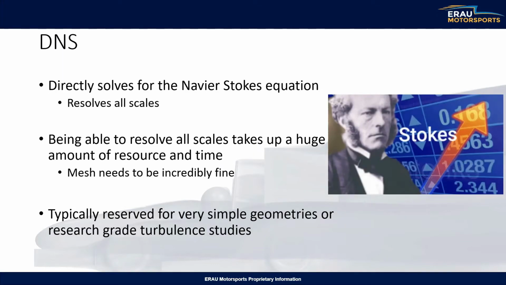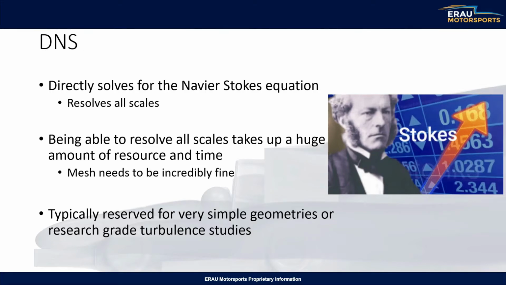So turbulent flow is famously governed by the conservation of mass and momenta of the Navier-Stokes equations. Direct numerical simulations, or DNS, directly solves for the Navier-Stokes equations from the large scales to the small scales.